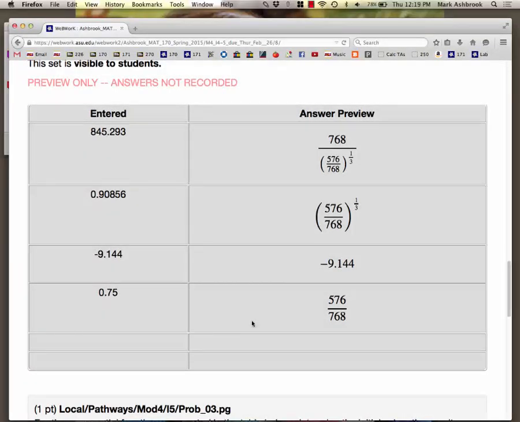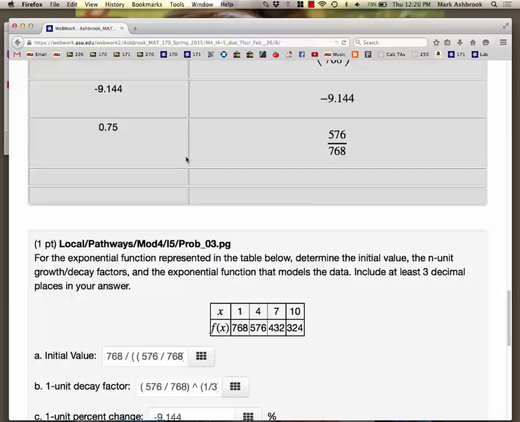Here's my 1 unit decay factor, and then I'm taking the output at 1, and instead of multiplying, I'm dividing by it, so it takes me back 1 unit to 0. So that's 845.293, which will be my initial value, or the output when the input is 0. Everything else looks good. Even in the preview, you can let it be your calculator and give you decimal approximations instead of using a calculator if you prefer. So the preview is really valuable.